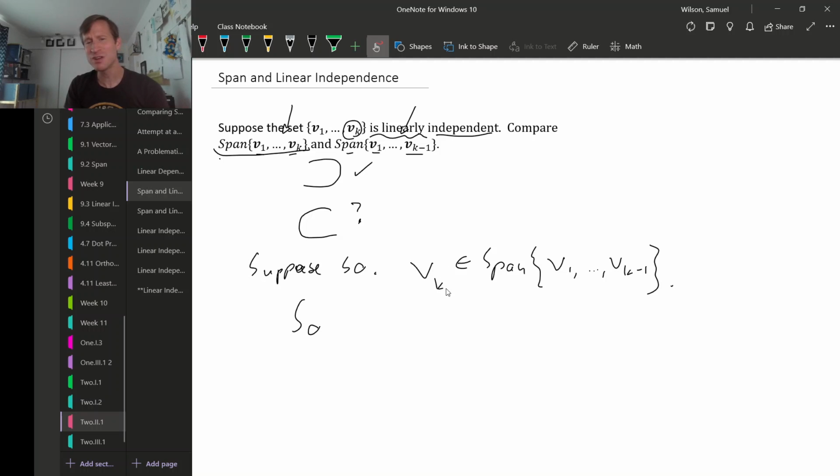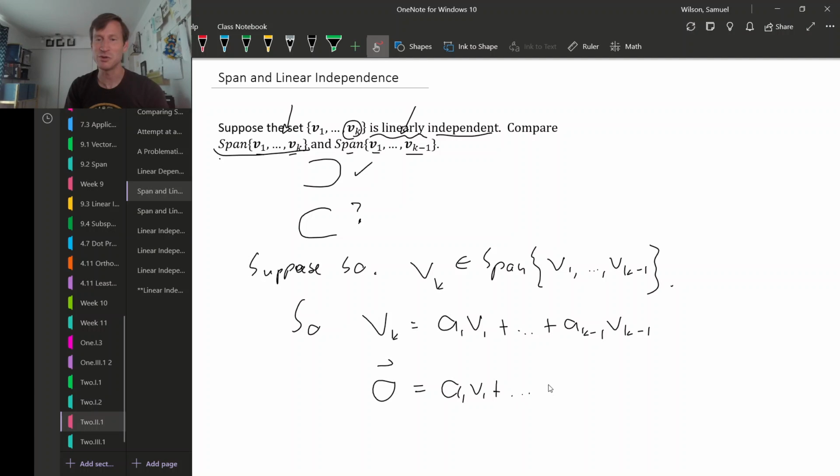But how can v_k be in the span of the v's? That would mean that v_k is a linear combination of all of the other v's, up through a_{k-1} v_{k-1}. But that means that the vector 0 is equal to a_1 v_1 up through a_{k-1} v_{k-1} minus v_k.